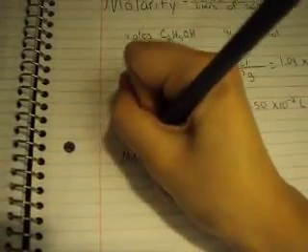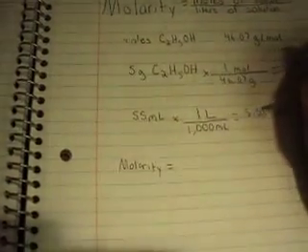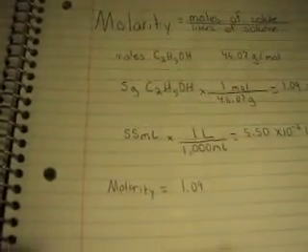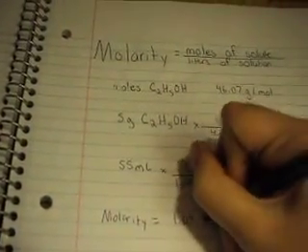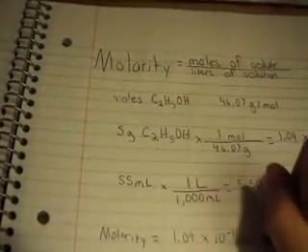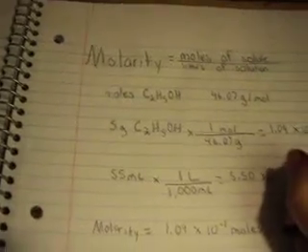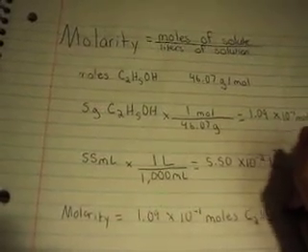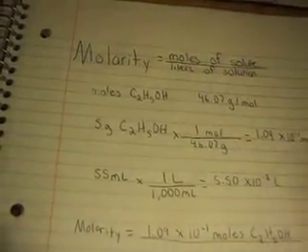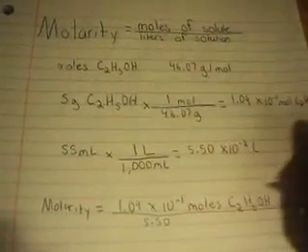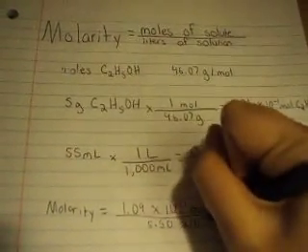So we have molarity equals 1.09 times 10 to the negative 1 moles of ethanol, which is C2H5OH, over liters of solution, which is 5.50 times 10 to the negative 2 liters.